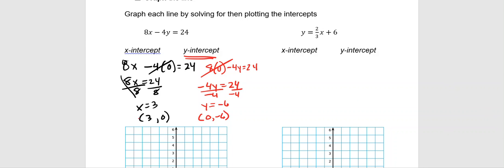I have one point here where I'll plot on the x-axis. Don't forget, this is our x-intercept, so that's going to be on the x-axis. I have my y-intercept, which I'm going to plot on the y-axis. And then I'm just going to go ahead and set up my ruler and graph my line. So let's do it.